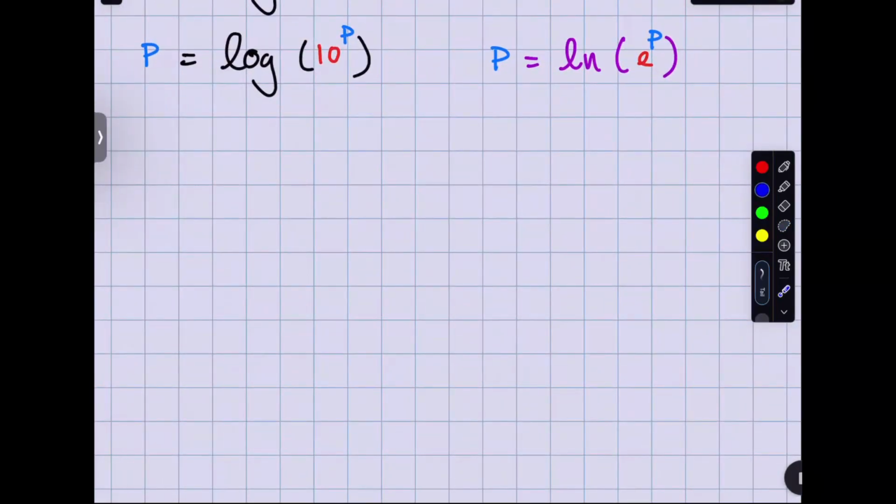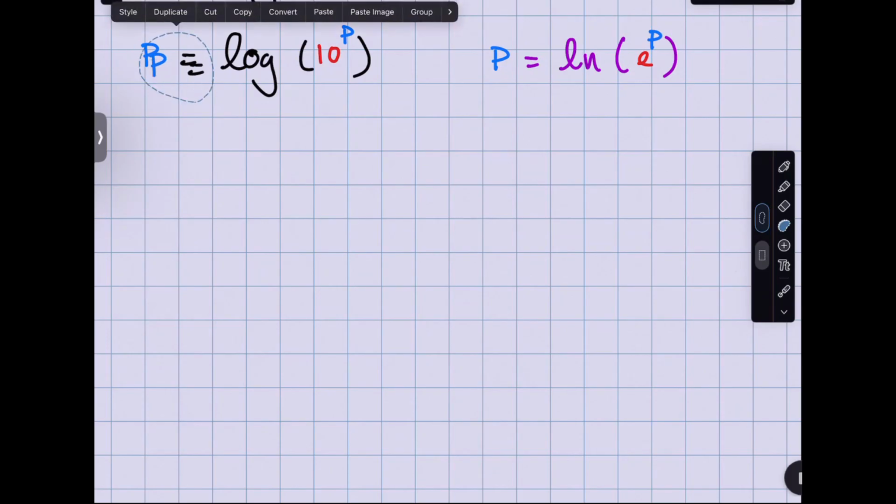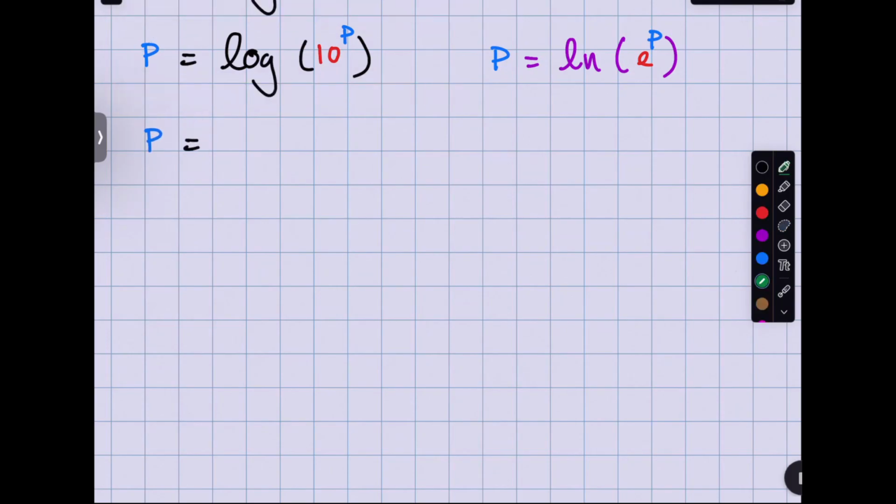Remember how we said that the base has to be the same. Is that right? Yes? So this is what this means. Ten raised to that power. If the bases are the same, they're opposite operations, so the p will be left.